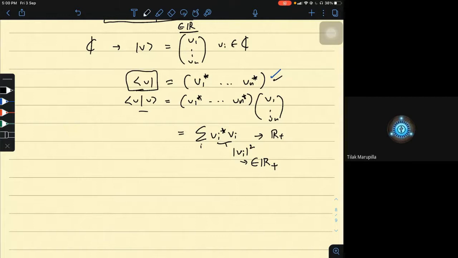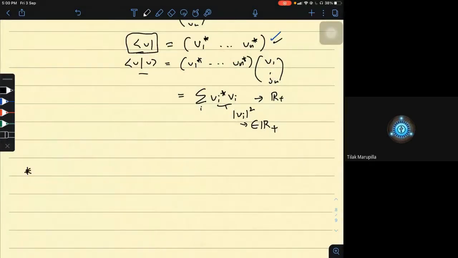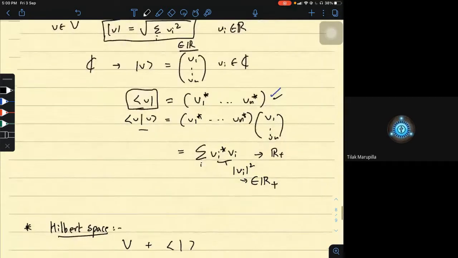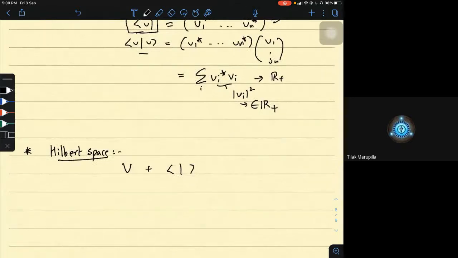Moving on, a final note on this. The Hilbert spaces, which I've been hinting about all this time. A Hilbert space is basically a vector space with an inner product, as we had seen earlier, which in turn defines a norm of a vector.